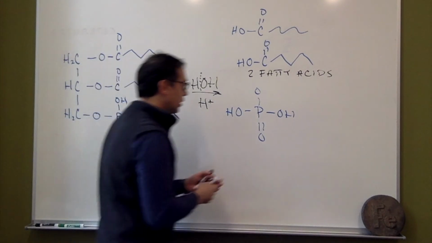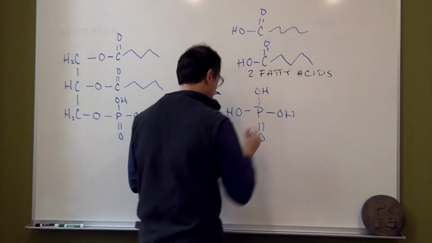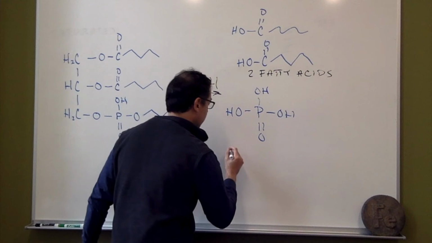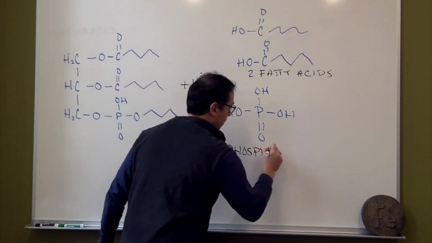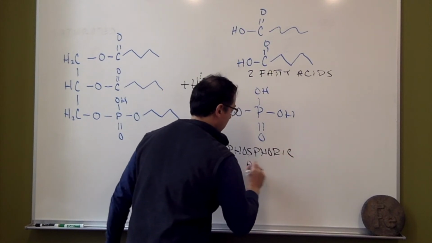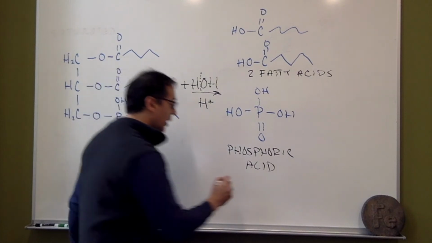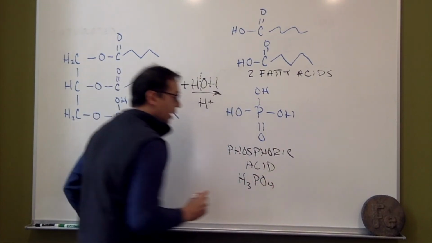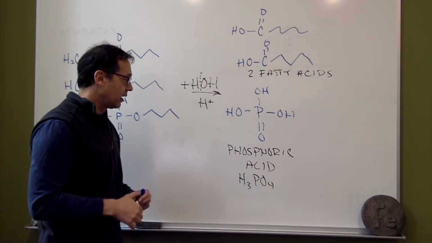Now, I think I'm missing an OH up here, an OH here. And so this right here becomes phosphoric acid. Phosphoric acid has a formula that's H3PO4. Not that you need to memorize that, but you might see that in your textbook.